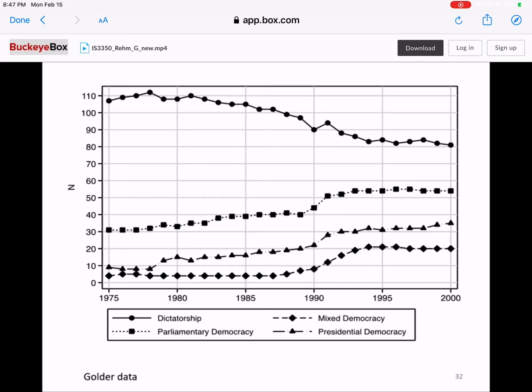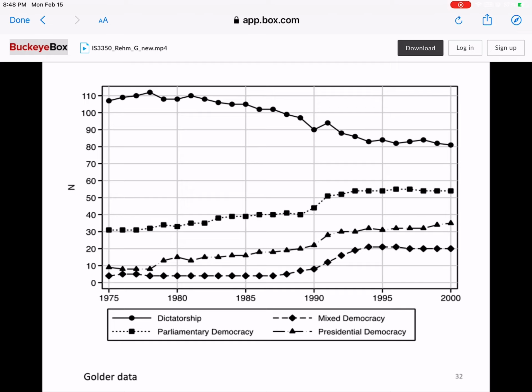In terms of numbers over time, here's a figure, again, showing the absolute number of dictatorships, which is the top line, and then the absolute number of mixed democracies, parliamentary democracies, and presidential democracies. And you see dictatorships have been in decline, going from 110 to about 80 countries around the world, while democracies have increased and a majority of countries are now democratic.